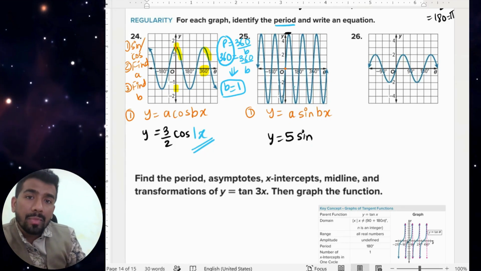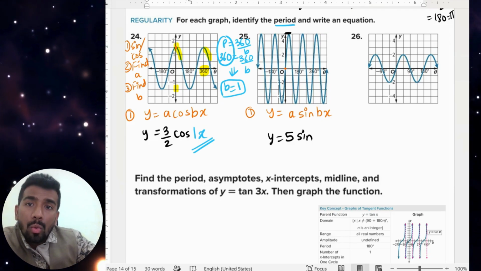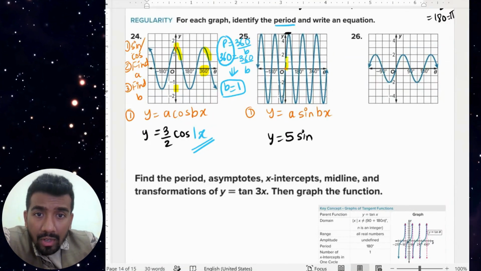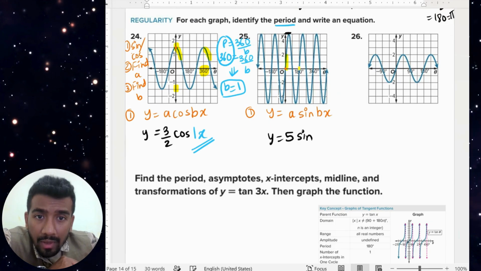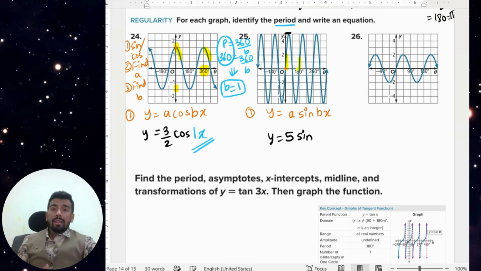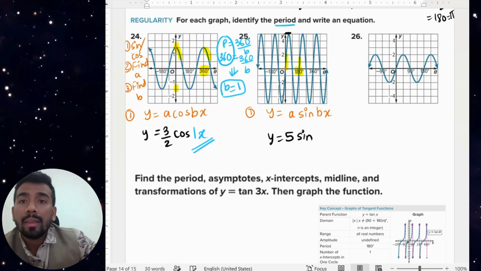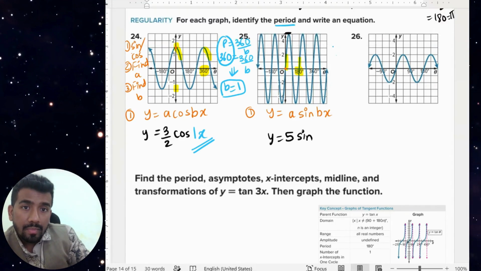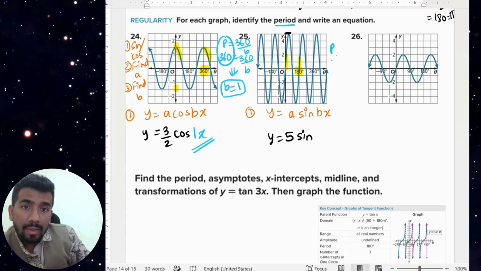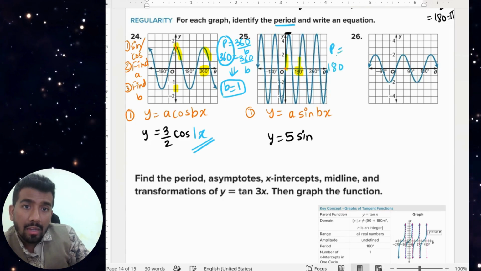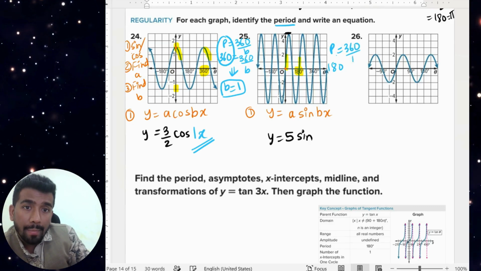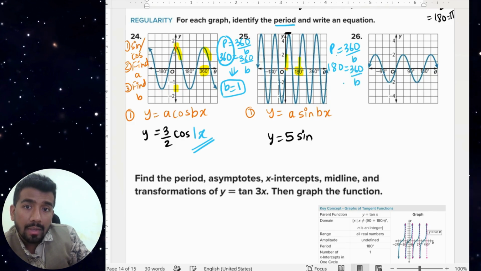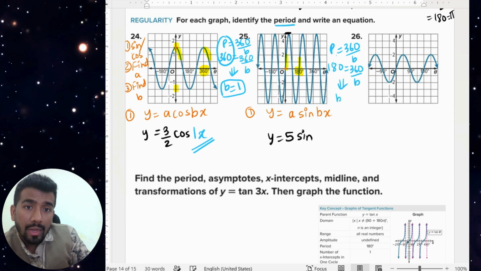Same over here, tell me for the 25th question. What will be the period? Check at 0. How is the graph going? At 0, the graph is going up. Where again it is going up, here at 180. So what's the period? 180. And the period formula is 360 over B. So 180 is equal to 360 over B. Do shift solve. What do you get?